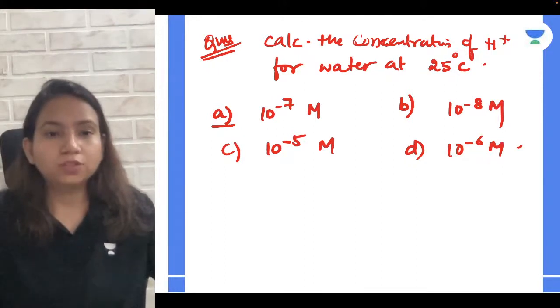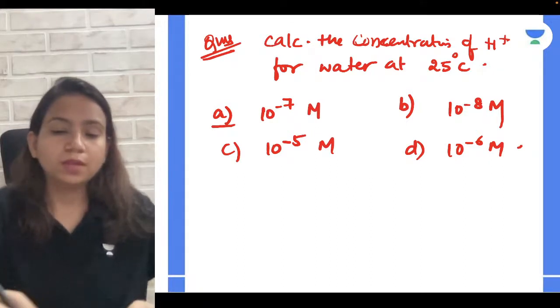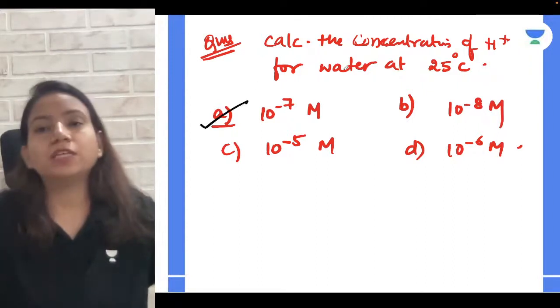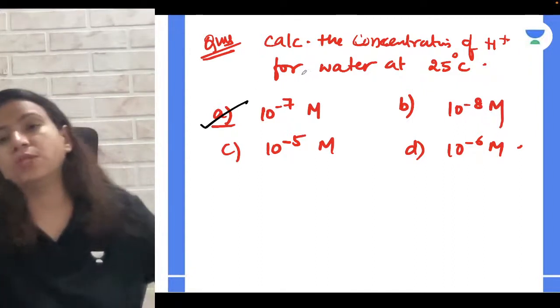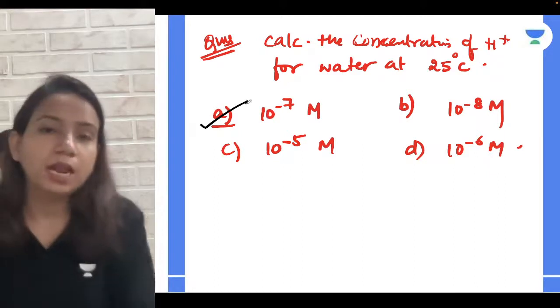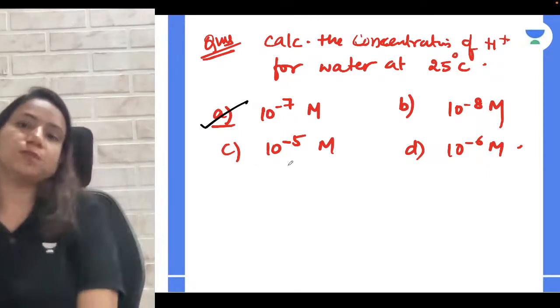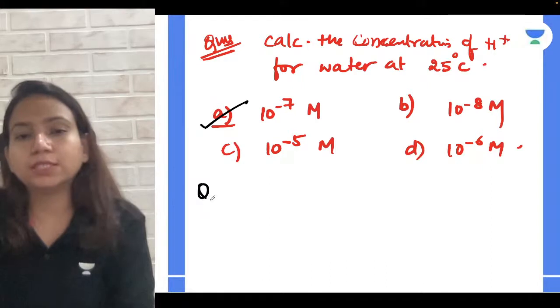Good. So the correct answer is option A. If they are giving 25 degrees Celsius, you know that the Kw value is 10 to the power minus 14, and you will get H plus ion and OH minus ion concentration both in the same manner.